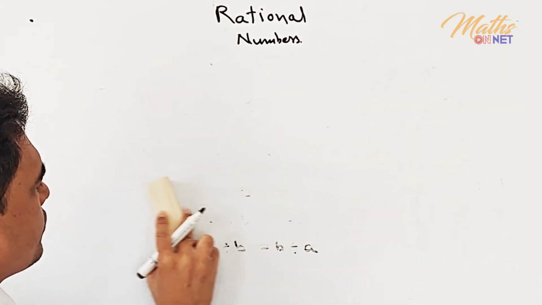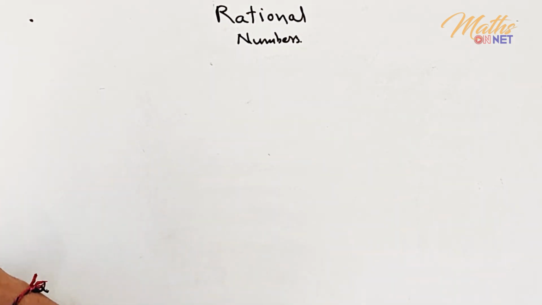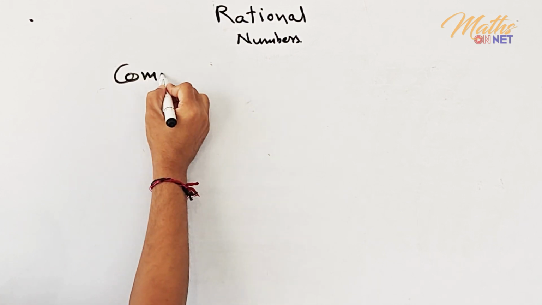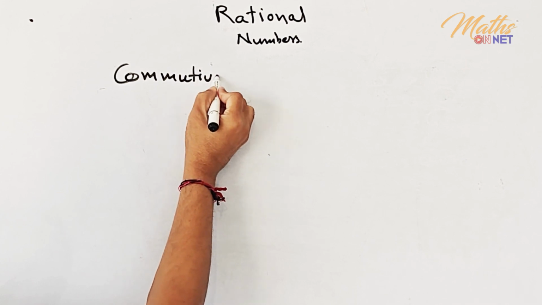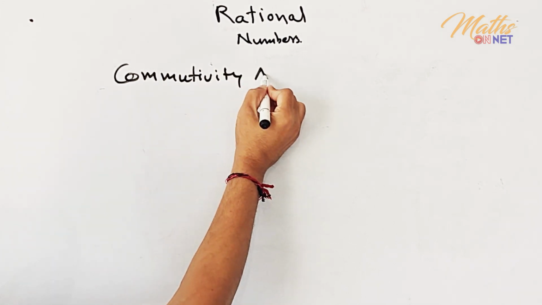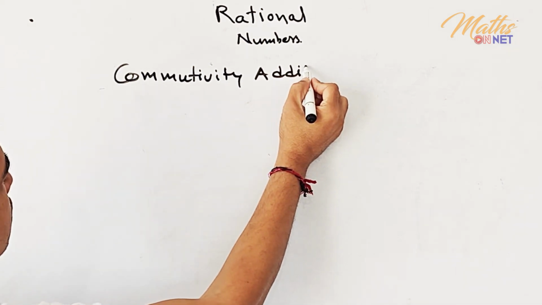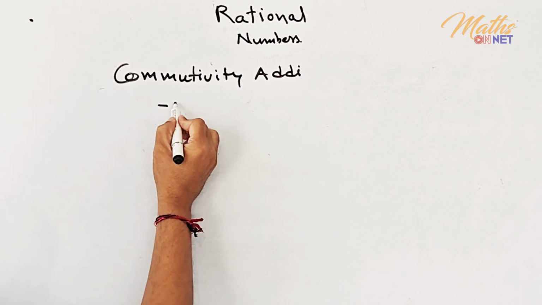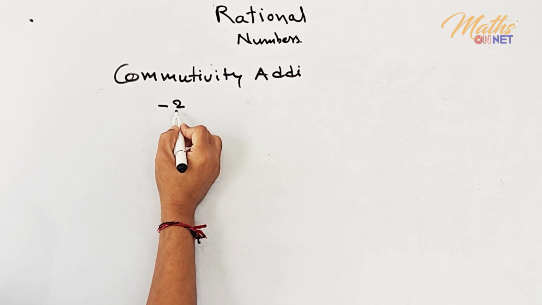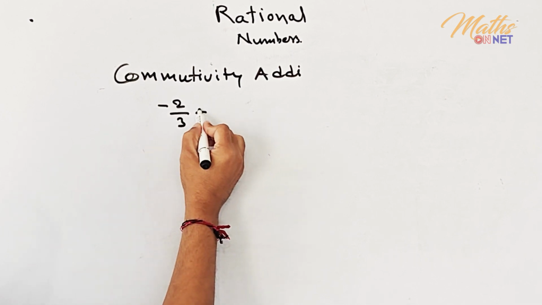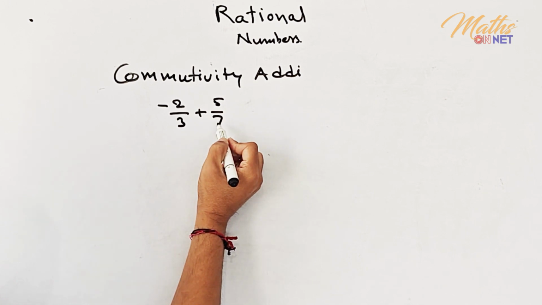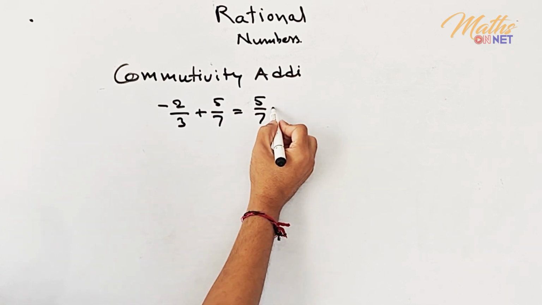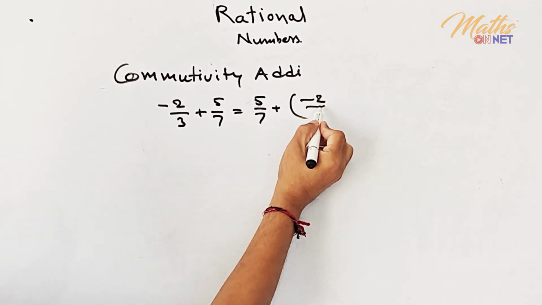Let me erase all this so we can take examples. So, let's see commutativity for addition. And let's take an example. If minus 2 by 3 plus 5 by 7 is equal to 5 by 7 plus minus 2 by 3.